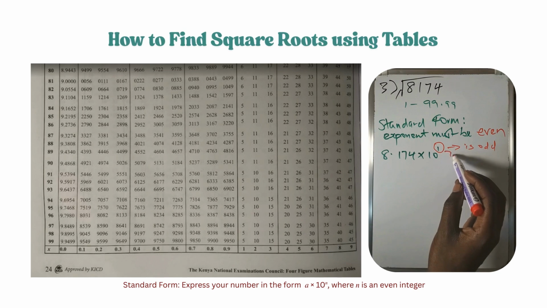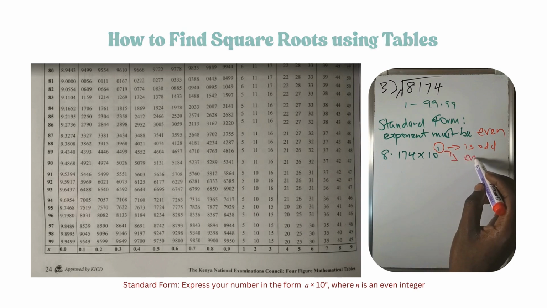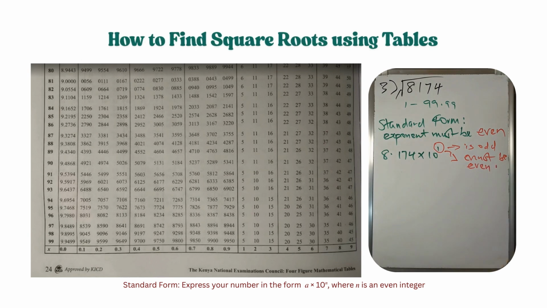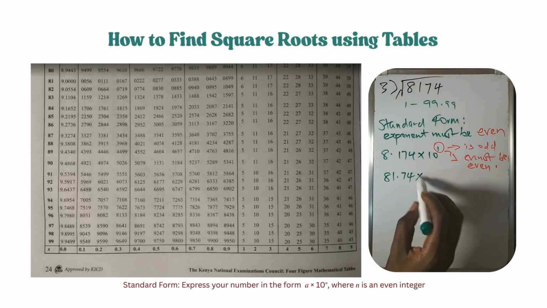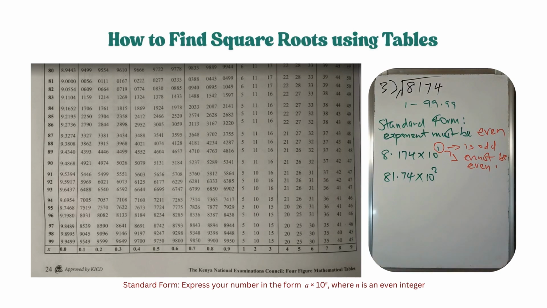The exponent must be even. So the correct way of writing it in standard form will be 81.74 times 10 squared. And now we can find the square root.